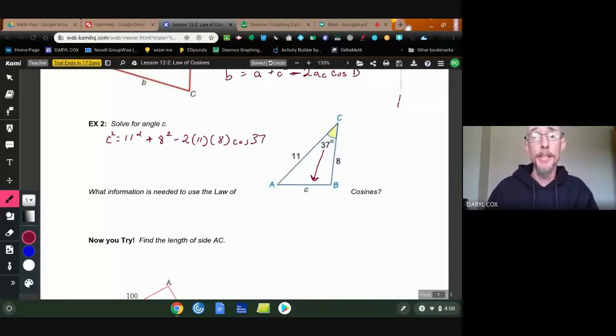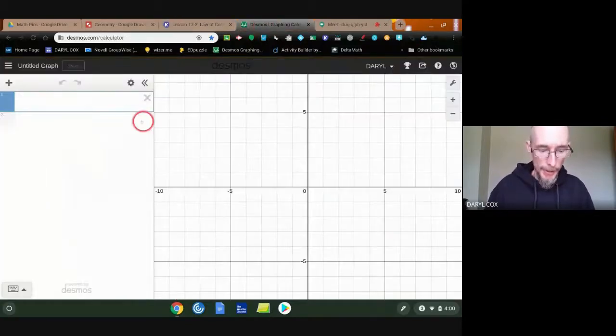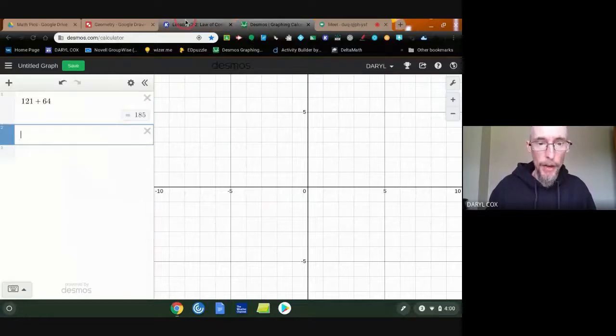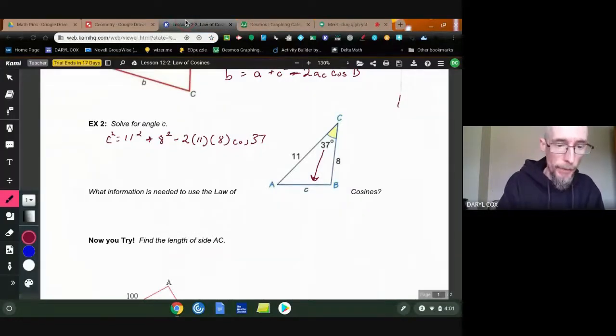Now the calculations here can be daunting. If you try to punch all of that into your calculator, you're probably going to make a mistake, so take it step by step. 11 squared is 121, 8 squared is 64. That's 121 plus 64, which gives me 185.